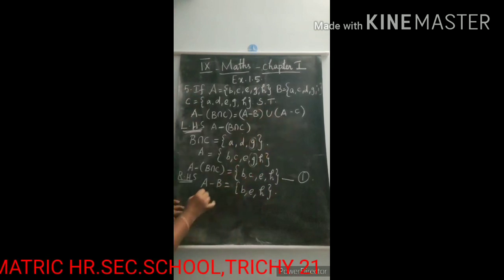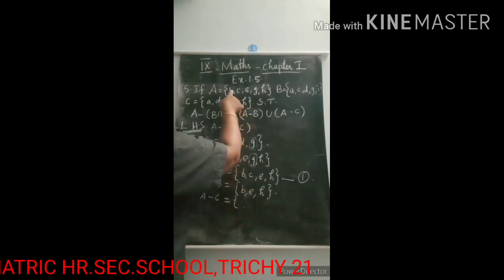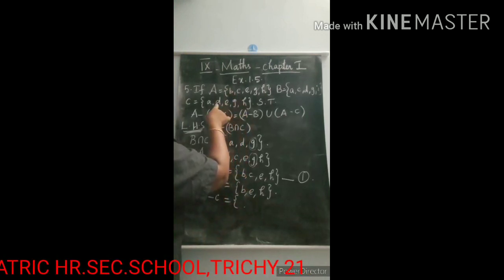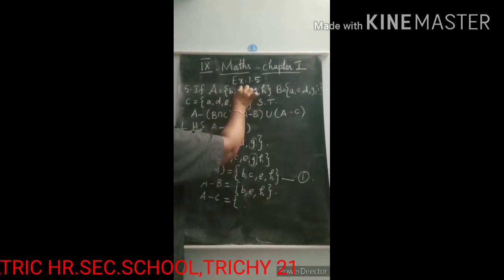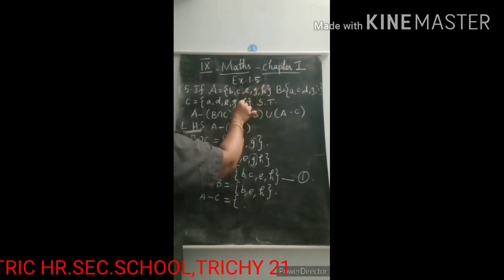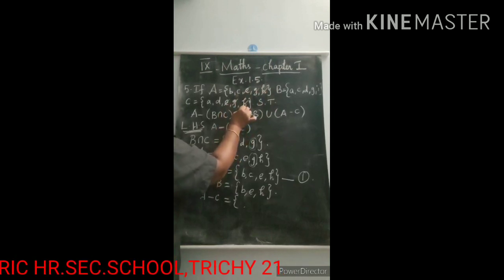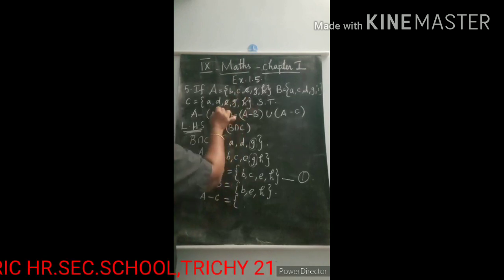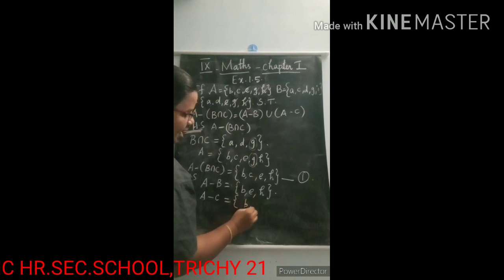A difference C. We find the common elements of these two terms, which are E, G, H. The remaining terms in A are B and C. So here you put B and C.